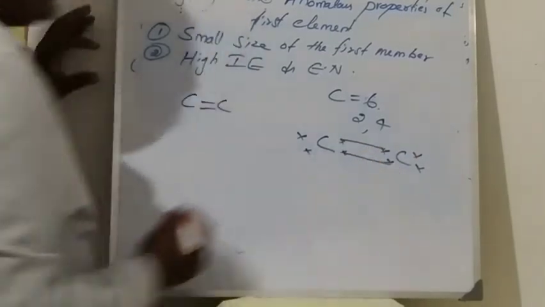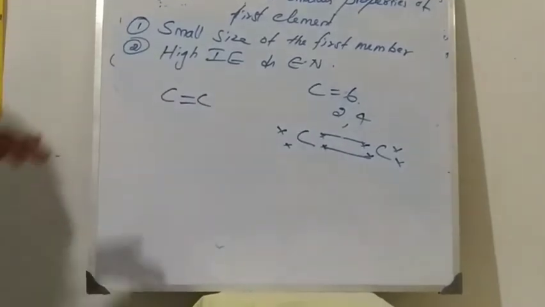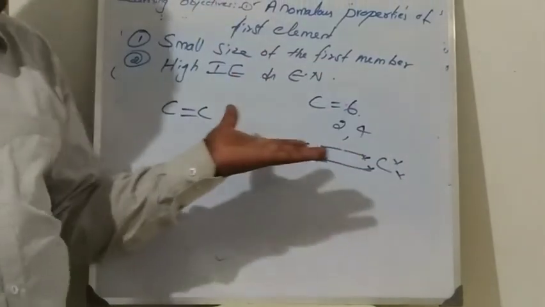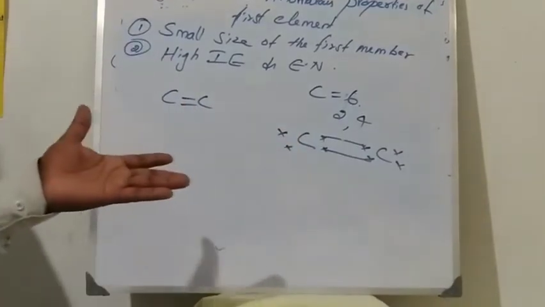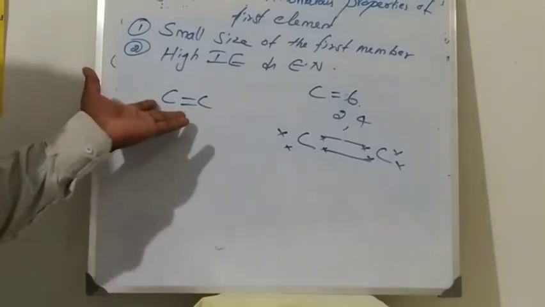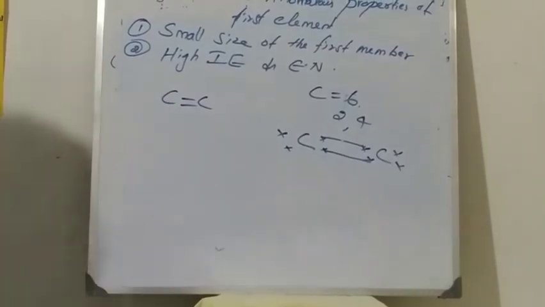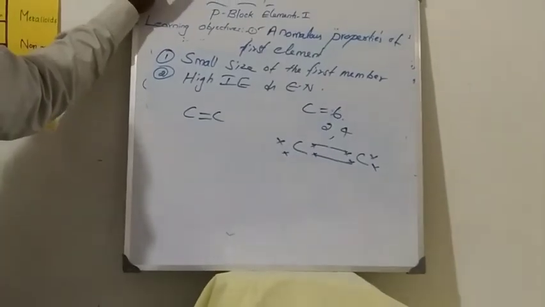They form 2 bonds, called a carbon-carbon double bond. Like that, it can form multiple bonds. Carbon has a great capacity to form chains of bonds with other atoms. That is called catenation.